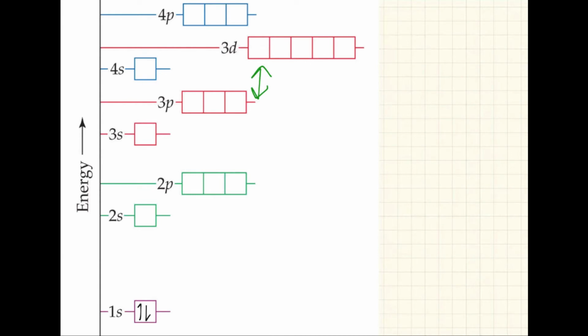And so what happens is the d and the p get so far apart that the d eventually overtakes the s. Or you could think of this the other way around: the s gets lower, away from the p, and as the 4s gets lower and the 3d gets higher, eventually they cross paths. So there's nothing fundamentally different going on here than anything I've explained to you already.